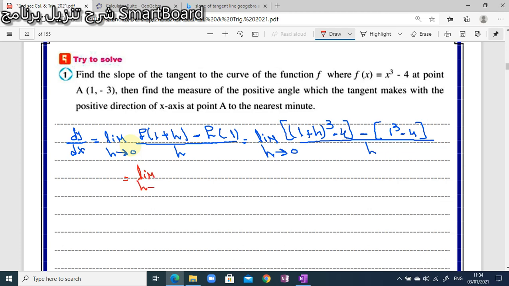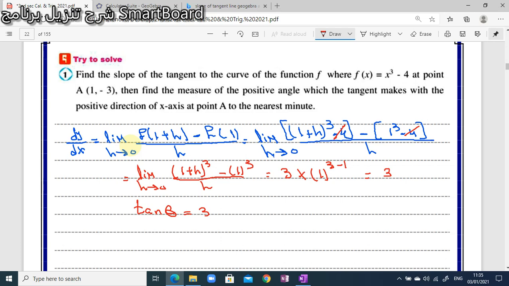So the limit as h approaches 0 of (1 plus h) power 3 minus 4, negative 4 cancels with negative 4, 1 power 3 equals minus 1 power 3, all over h. By using theorem 4 on limits, it equals 3 times 1 power 3 minus 1, which equals 3. So the slope of the tangent equals 3. So tan theta equals 3.